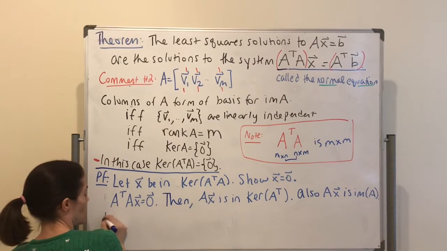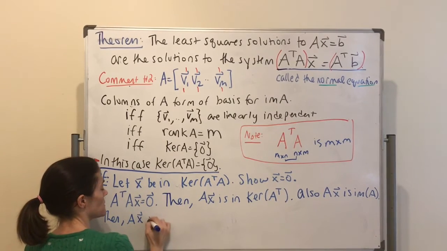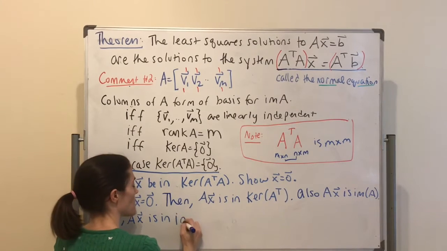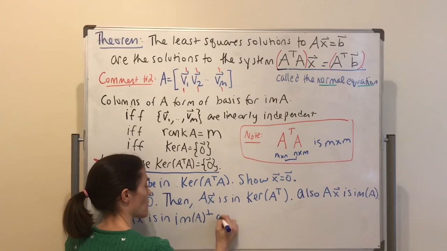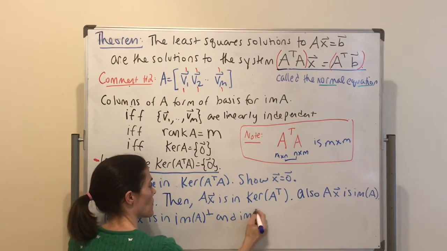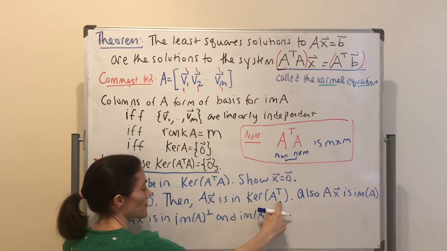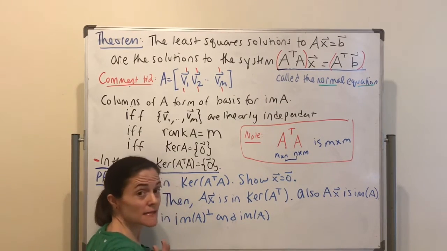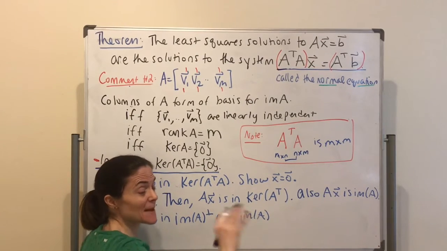So AX, I'll write it this way, is in the orthogonal complement to the image of A. So now you have a vector that's in a subspace and it's in the orthogonal complement of the same subspace.